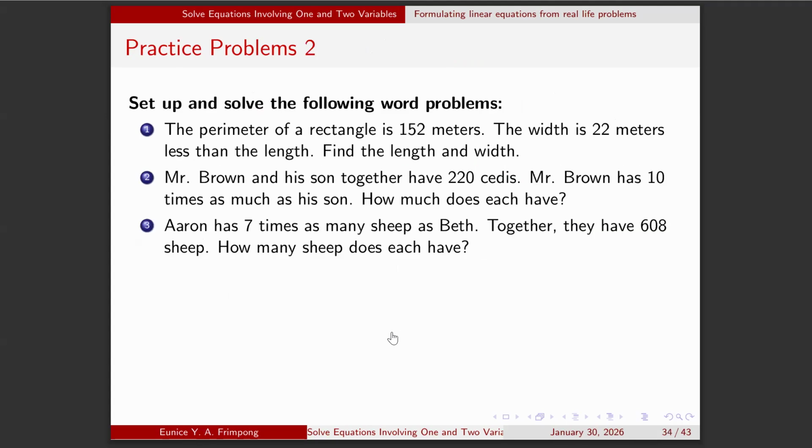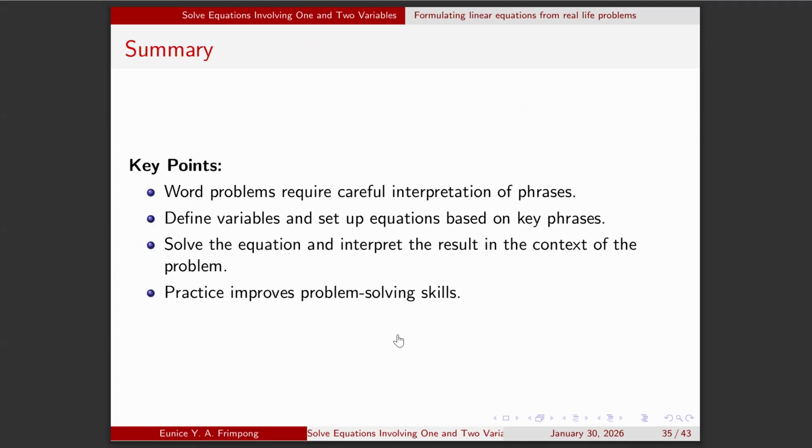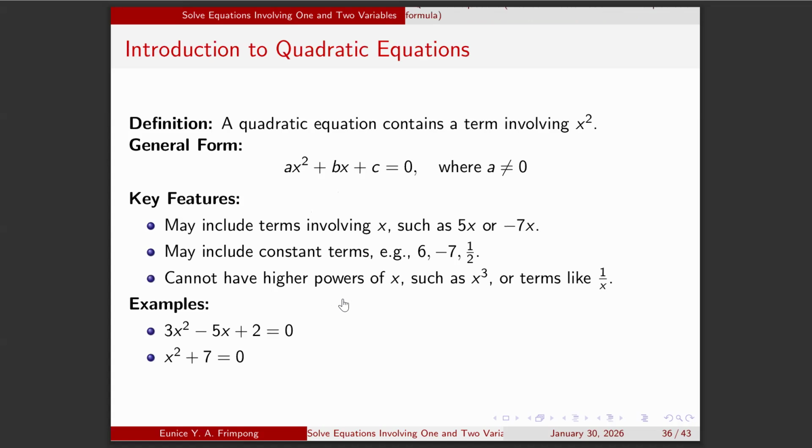More practice problems you can try your hands on. So this is a summary. Word problems require careful interpretation of phrases, okay? And you need to always practice so that you can improve your problem solving skills.